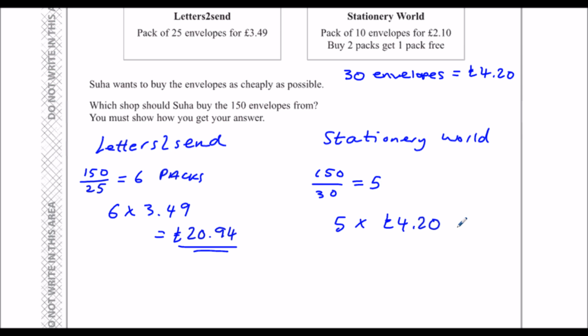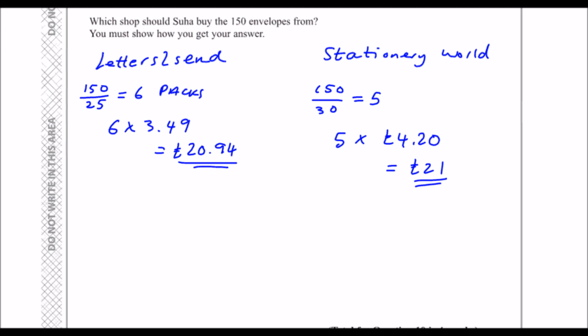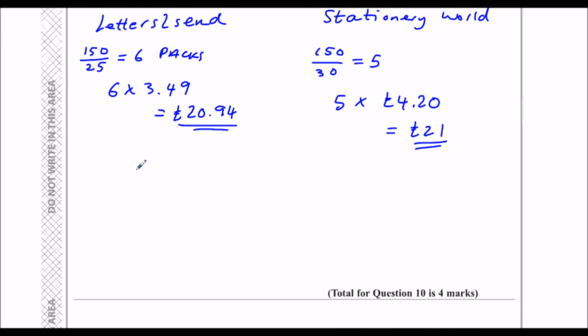And that is £21. So which is cheaper? Which should Sue go to? She should go to Letters to Send. Letters to Send is cheaper by 6p.